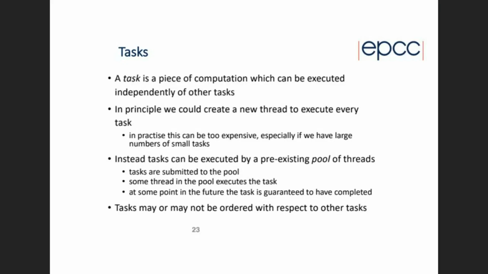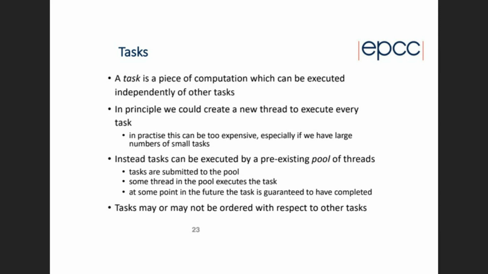And then tasks can be submitted to this pool of threads. Some thread in the pool will execute the task. As a programmer, we may not have much or any control as to which thread does which task. And then at some point in the future, that task is guaranteed to have completed.